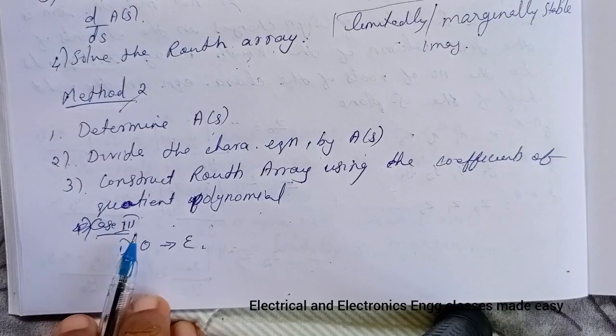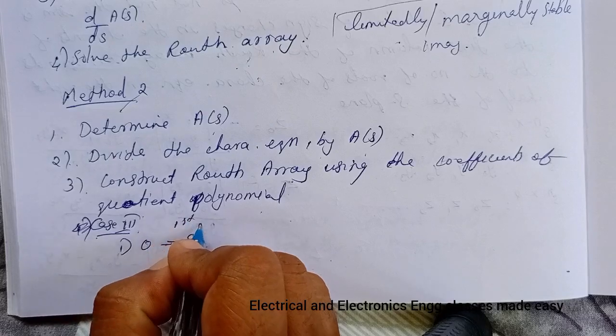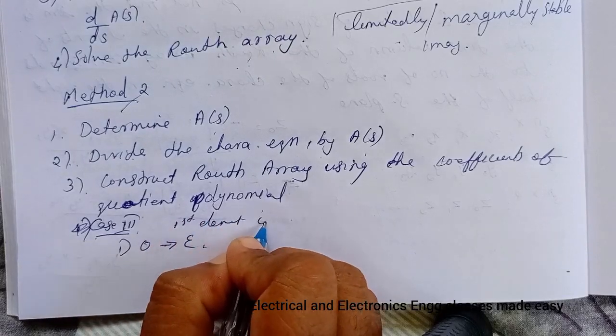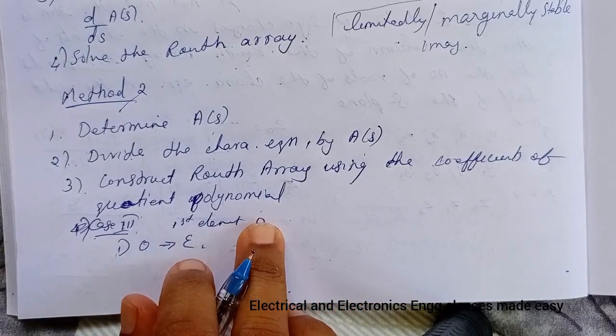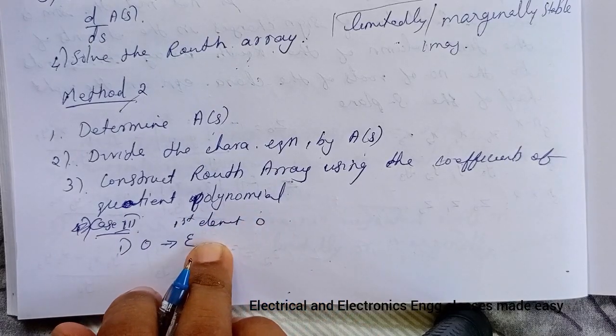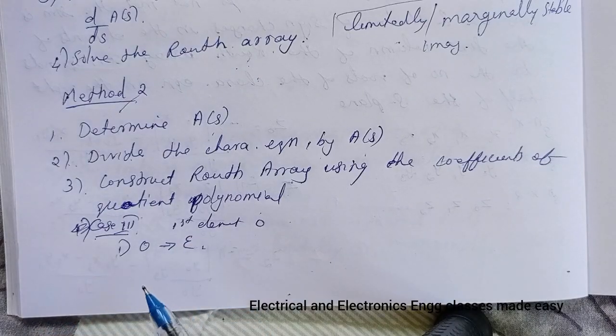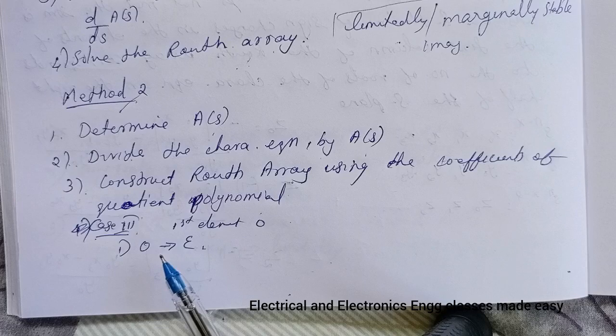Next is case 3, that is the first element of a row is 0. The first element is 0, but some or other elements are not 0. So in this case, if a 0 is encountered as the first element of a row, then all the elements of the next row will be infinite.